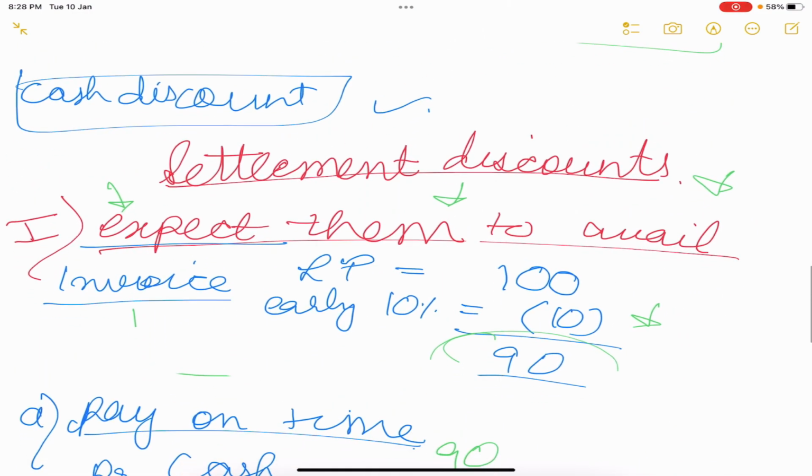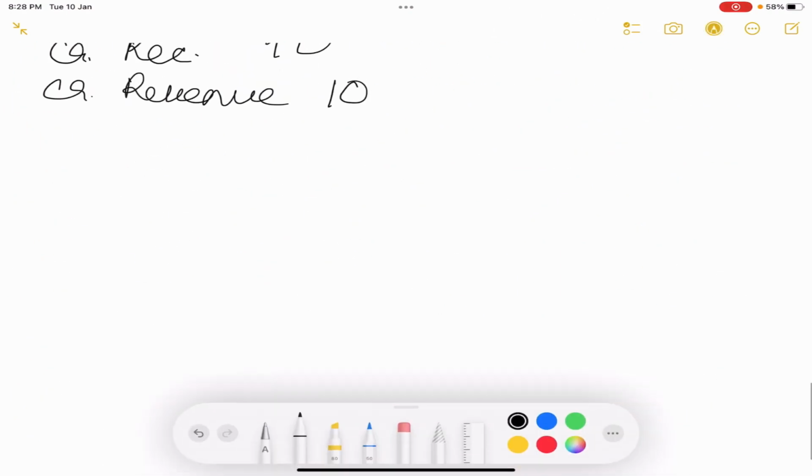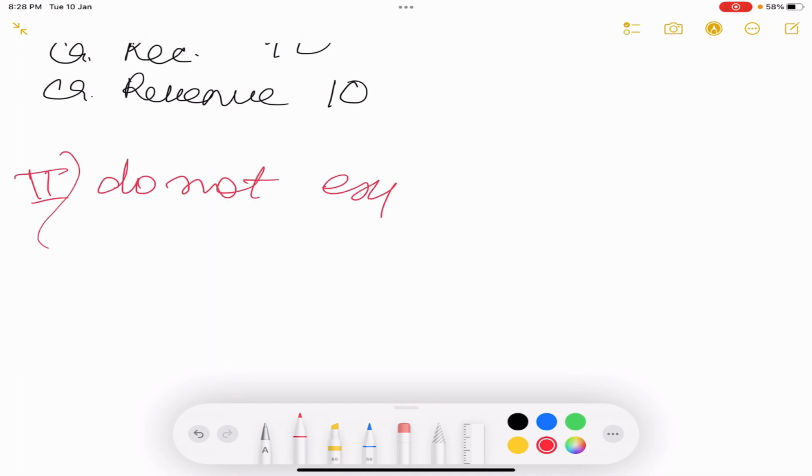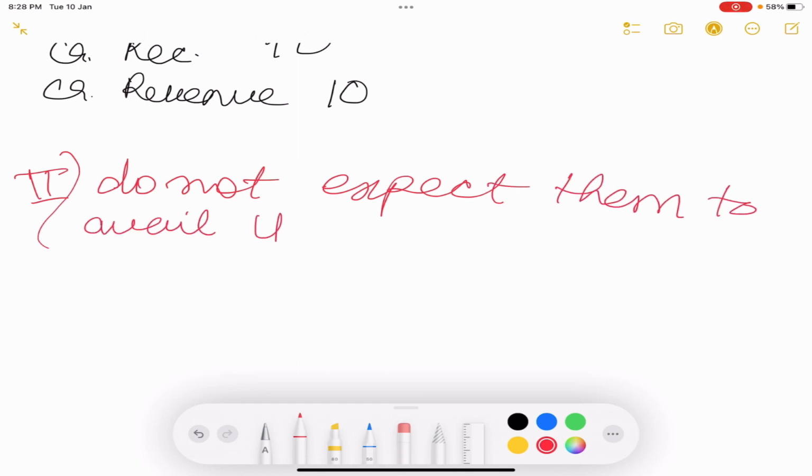Okay, so this was the first part, which was that we expected them to avail the discount. Now, if we talk about the second part, which is we do not expect them to avail. We already expect that they will not avail the settlement discount.